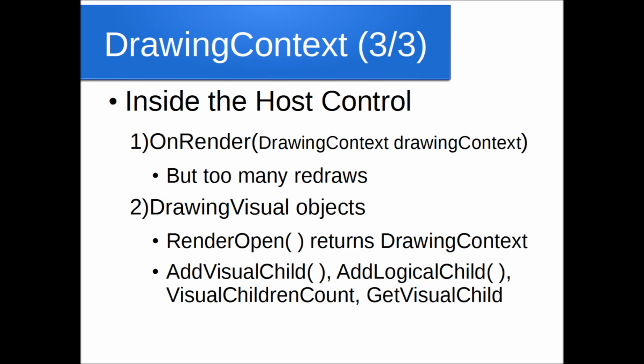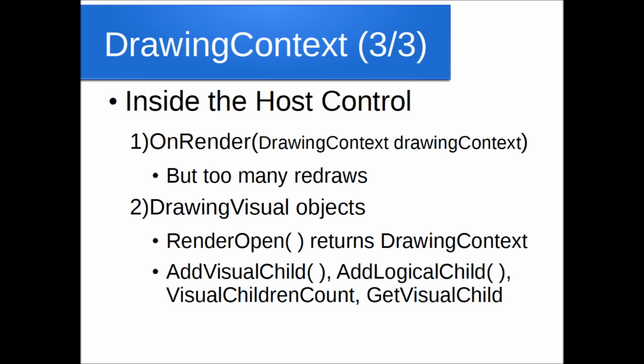So every WPF control will have this OnRender function. The system will call OnRender whenever it needs to redraw the control. And inside this function, you're going to have the drawing context reference passed in via some argument there. So that's one option. That's how you get the drawing context.